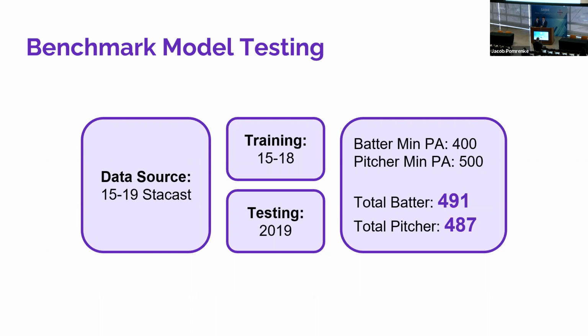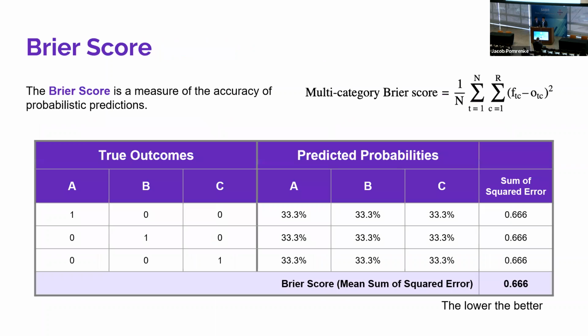And the second thing is that we had to find some error or accuracy measurement for these predictions. So we elected to use a Brier score, which is a widely used measure for the accuracy of probabilistic predictions. And it's captured by this formula on the right, but essentially the Brier score is pretty much exactly the same as the sum of squared errors.